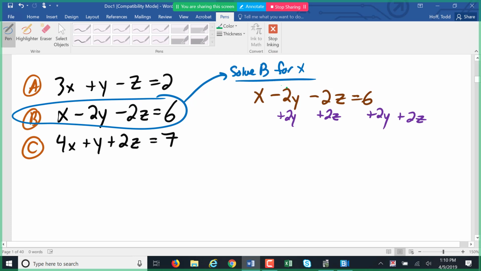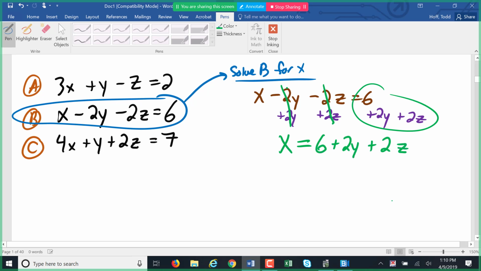So over here, the negative 2y and positive 2y cancel out. Negative 2z and positive 2z cancel out. So I have x by itself on the left side. On the right side, 6 plus 2y plus 2z. That is my modified equation B.